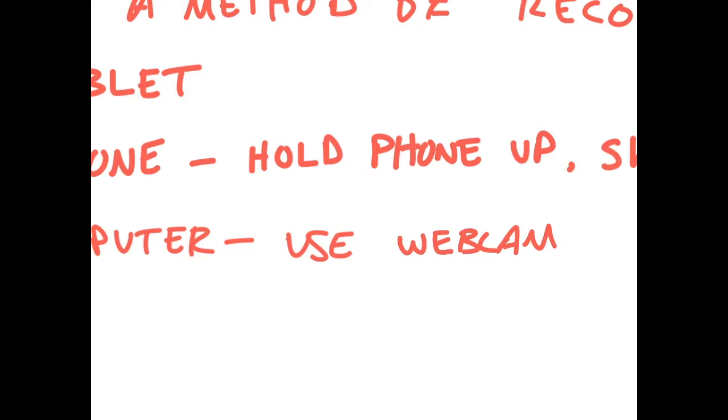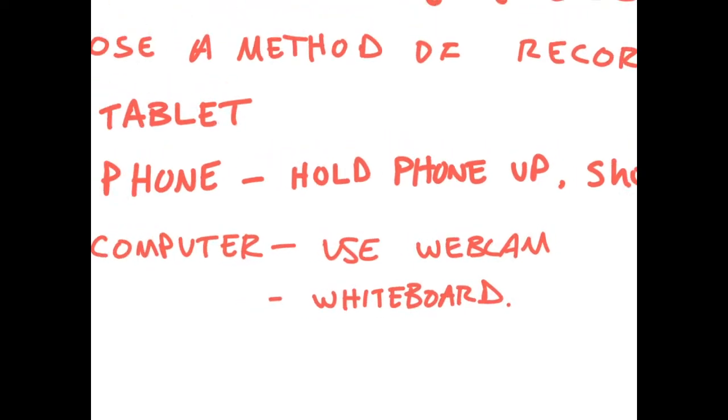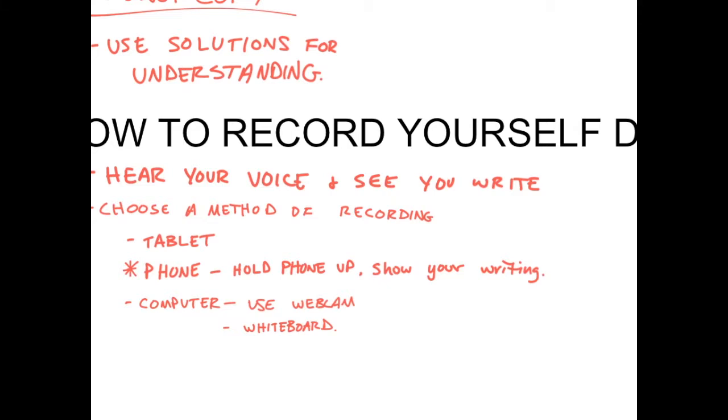So you can use a webcam on your computer and a whiteboard and write on that. The important thing is that I need to see you write and hear your voice. It may be awkward, and it may take a little getting used to, but those are some ways that I want you to do it.